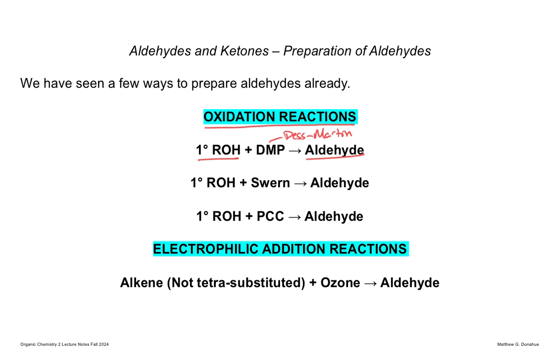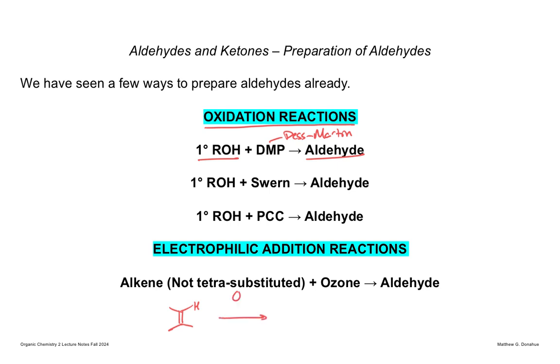And then way back in the spring, we learned about taking an alkene. The alkene must have at least one hydrogen bonded to the sp2 hybridized carbons.